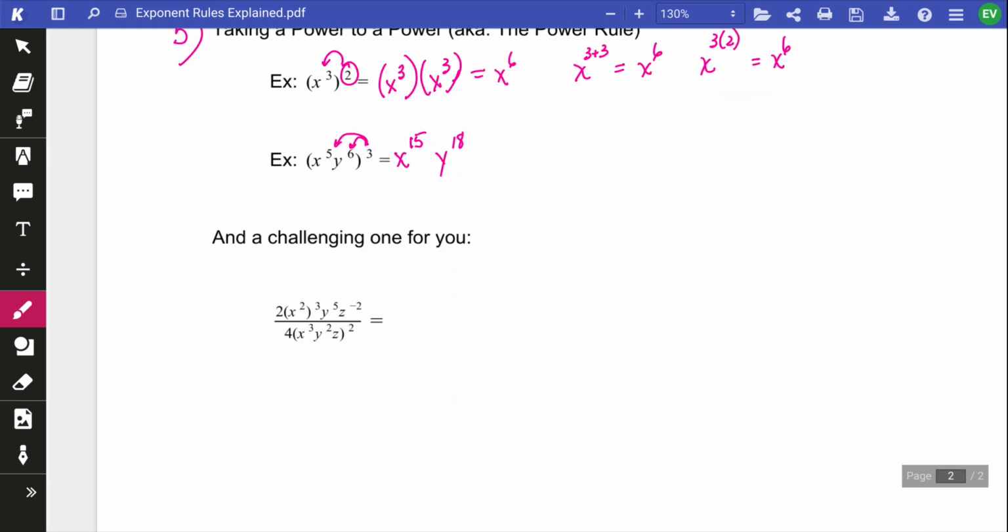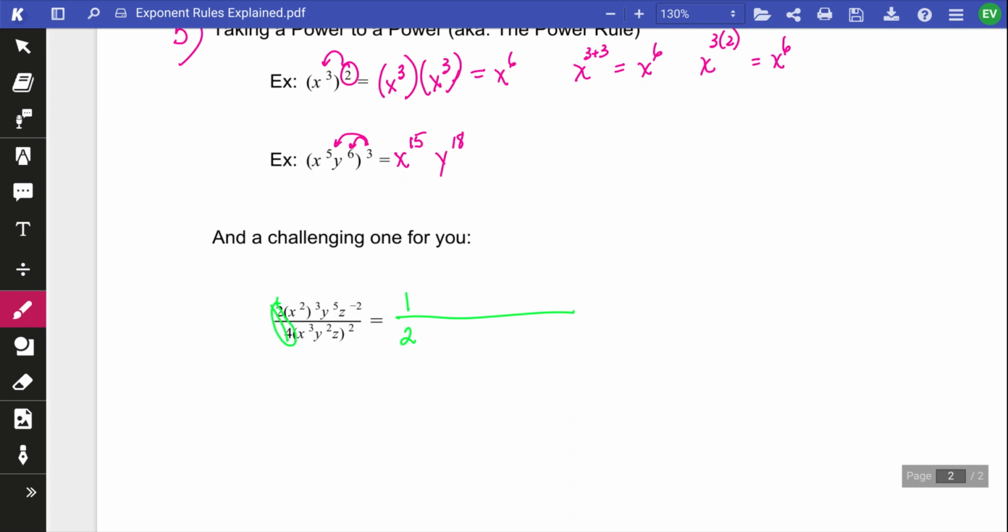We have one last challenging one for you. So let's see if we can do this one. Again, if we chunk it, we'll be okay. So we have 2 and 4. What is 2 divided by 4? Well, 2 divided by 4 is 1/2. Let's just simplify that, get it out of the way. Then we have, in the numerator, x squared to the third. Well, we just learned about the power rule.